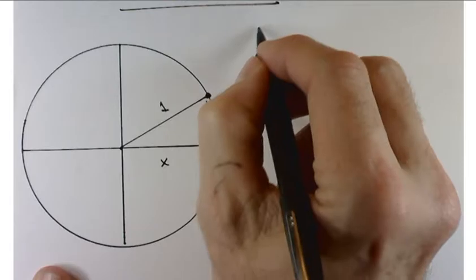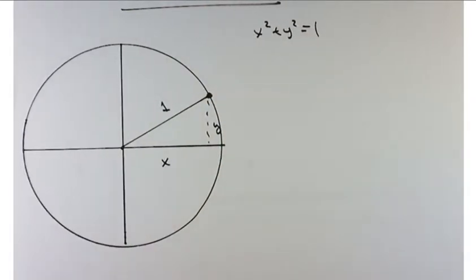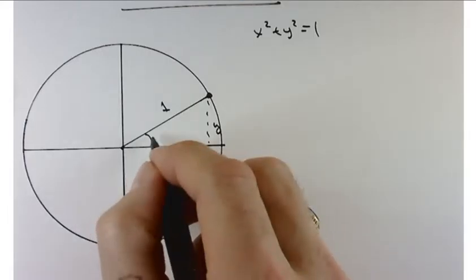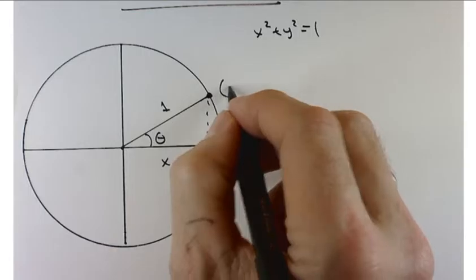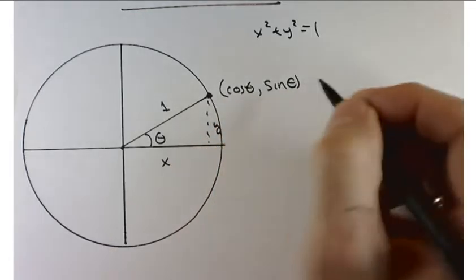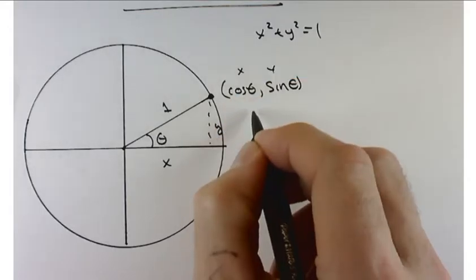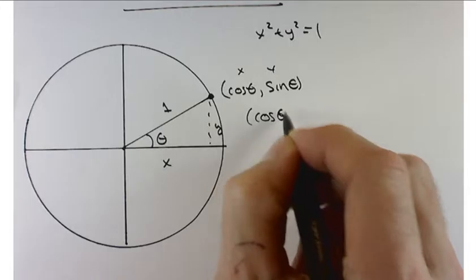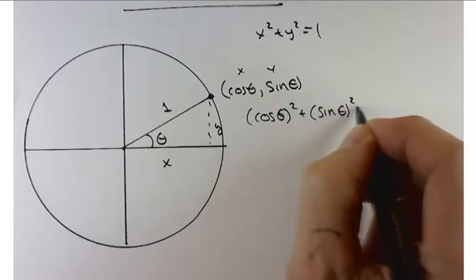So can we agree that we have x squared plus y squared equals 1? If I call this angle theta, then these coordinates are the cosine of theta and the sine of theta. So this is your x and this is your y, so cosine of theta squared plus sine of theta squared equals 1.